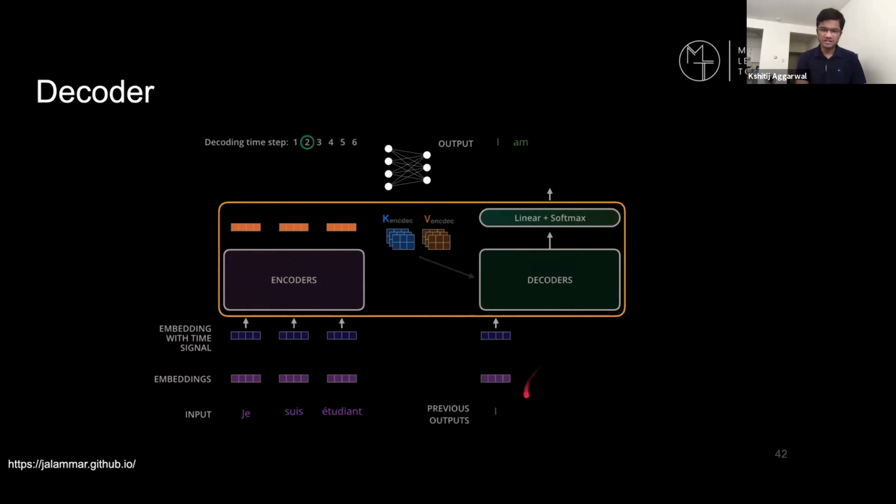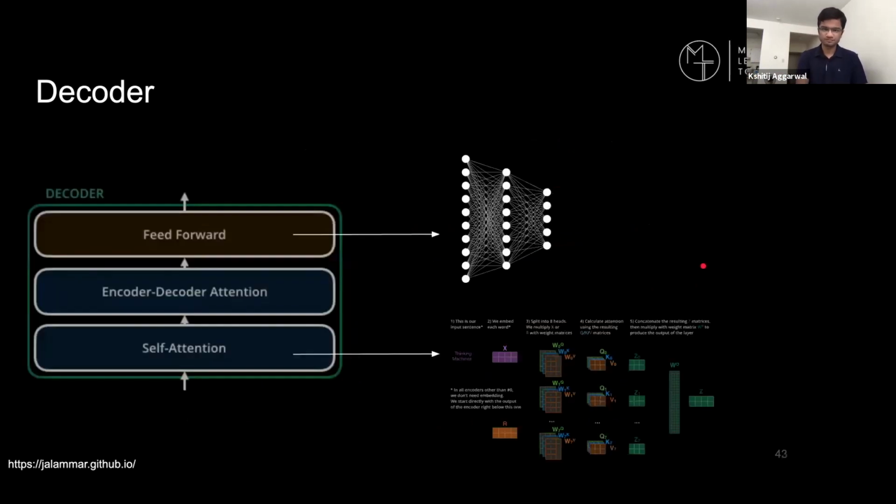Basically, we give an input, which was the first output of the decoder, and using the keys and values encoded from the encoder and the previous word, we generate the next word, and that cycle keeps repeating. This is very similar to what we saw for conventional RNNs. But let's actually see what's happening inside the decoder and what this linear plus softmax is.